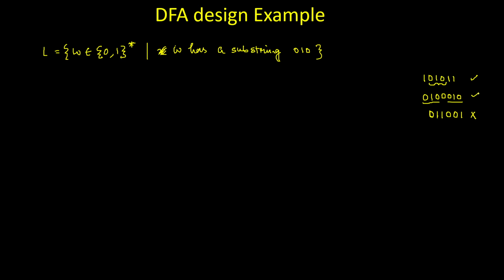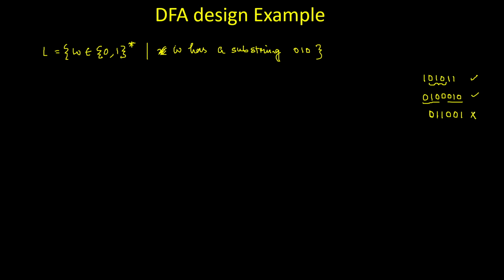Now, the question is how we can design the corresponding DFA that accepts any string having a substring 0 1 0, such as this one or this one, and rejects a string like this. As we have seen in designing a DFA, it scans the symbols one by one, and depending on the symbol scanned and the current state, it changes the state.